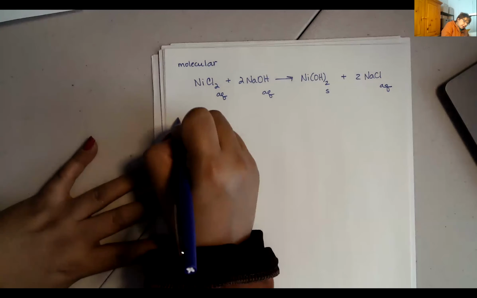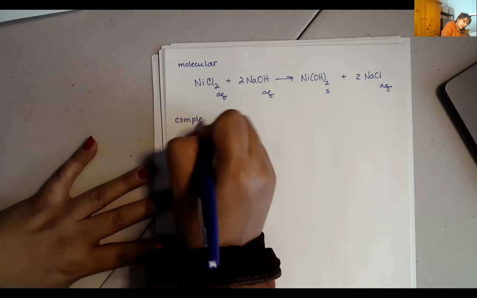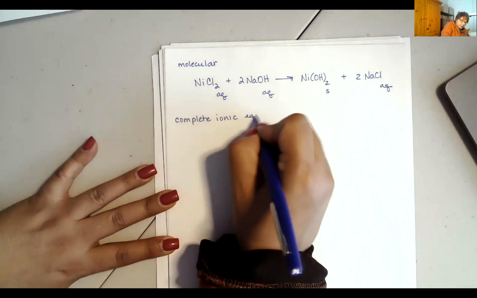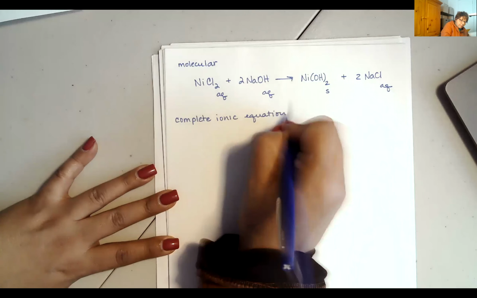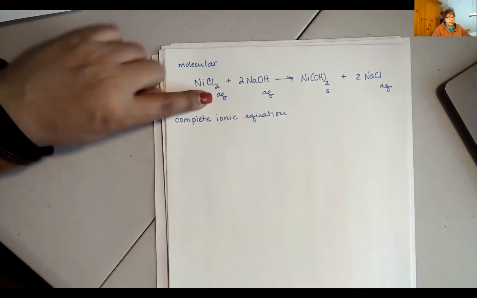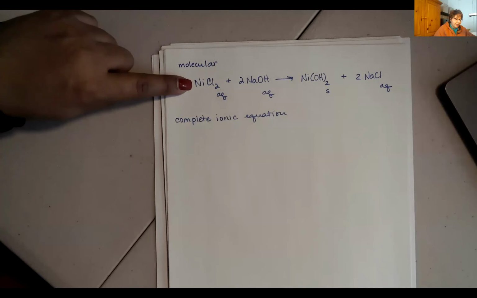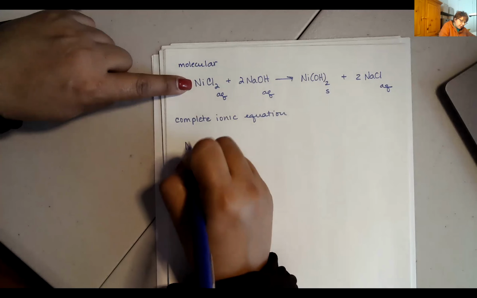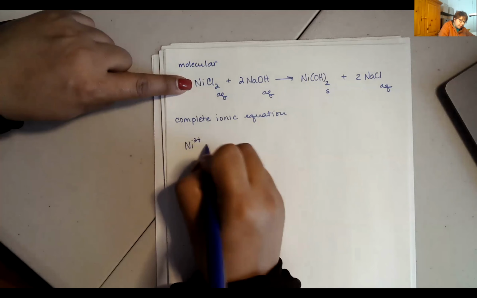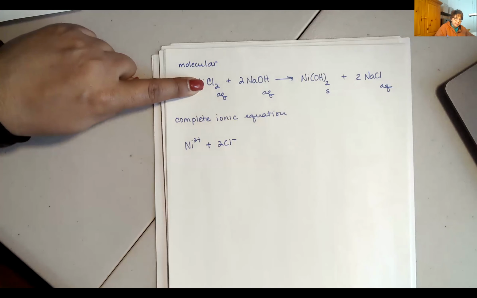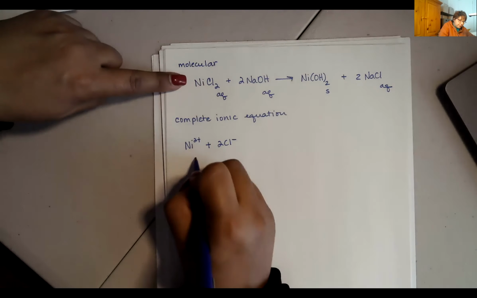So now we're going to write neatly our complete ionic equation. Things that are aqueous, we're going to write as their respective ions. But we need to write it balanced as well. So when this ionizes, you get nickel 2 plus 2 chlorine ions, because that's what's in your formula.